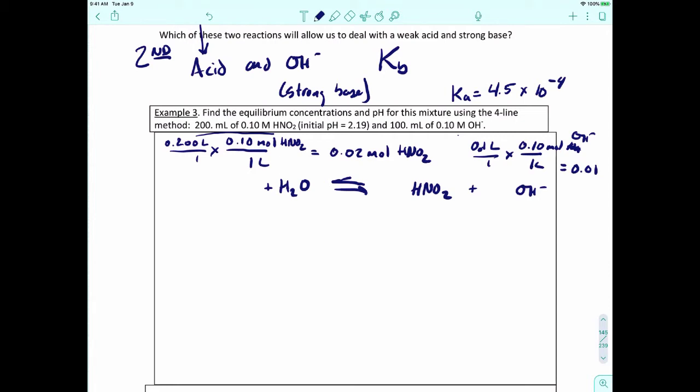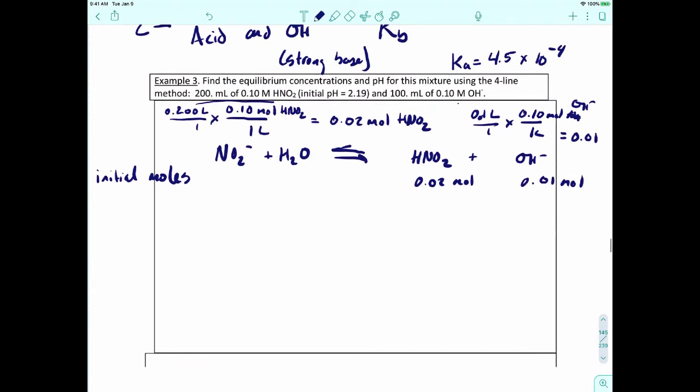The conjugate base of HNO2 would be NO2 minus. Okay. All right, so initially, the initial moles, we know that we've got 0.02 moles of HNO2 and we've got 0.01 moles of OH minus.